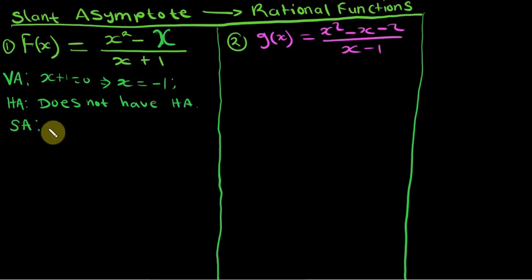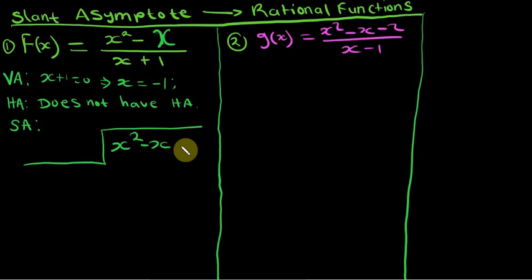Now to find the location of the oblique or slant asymptote, we need to perform long division on the rational function. It's the numerator divided by the denominator: x squared minus x plus 0, divided by x plus 1.